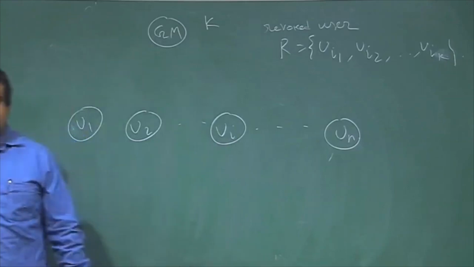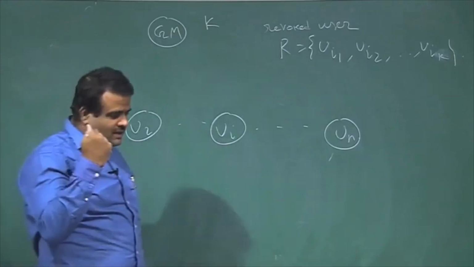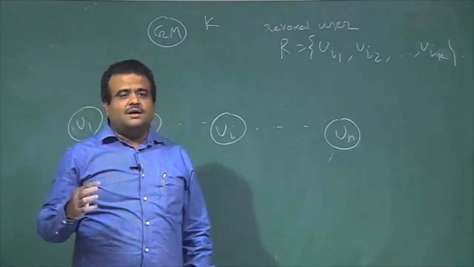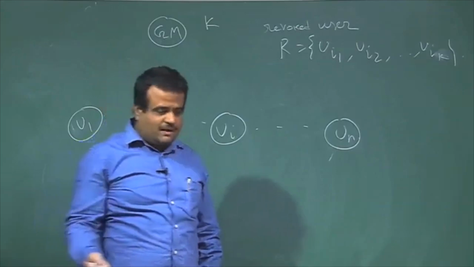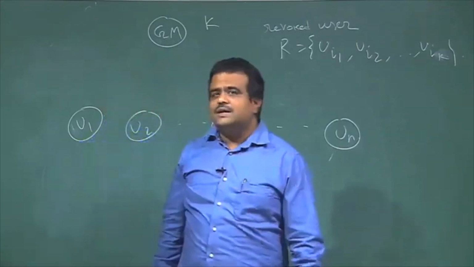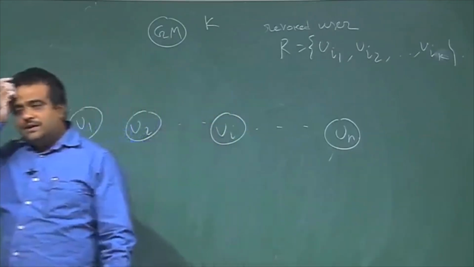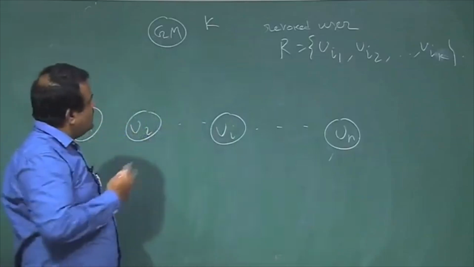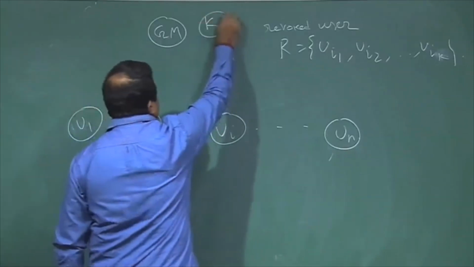Now we want to broadcast the ciphertext in such a way that revoked users should not get the information about the key. Suppose this is the session key for the time being.